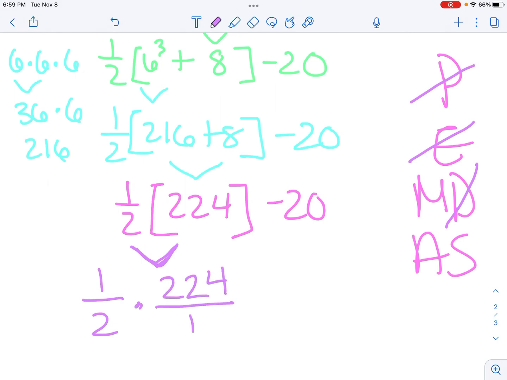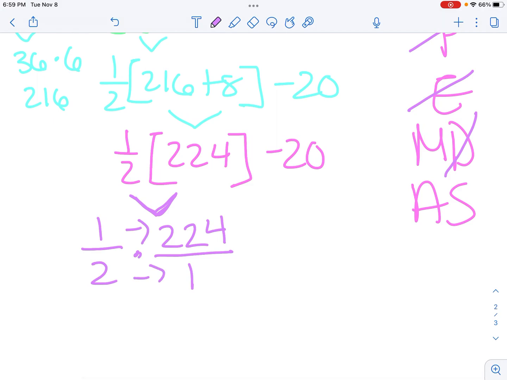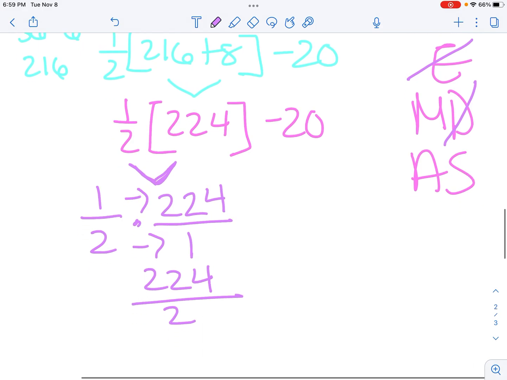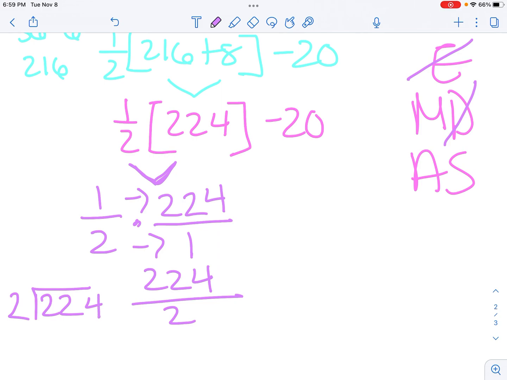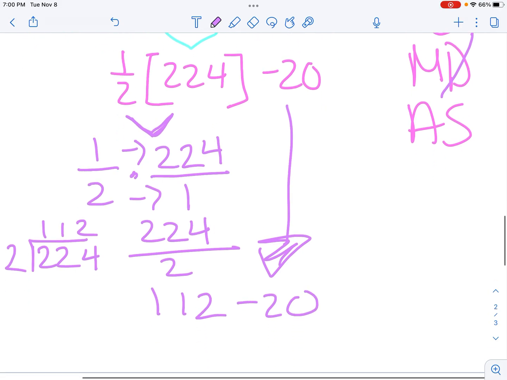Any whole number has a denominator of 1, so I can just multiply straight across. 224 divided by 2. I can either cut that in half in my head, or I can set up my division house if I need to. 2 can fit into the 2 one time. 2 can fit into 4 twice. So I have 112. My last step is to bring down my minus 20. So 112 minus 20 is going to get me to 92.